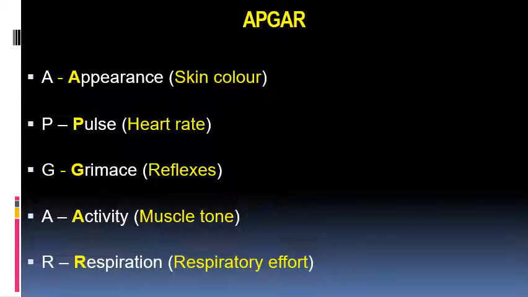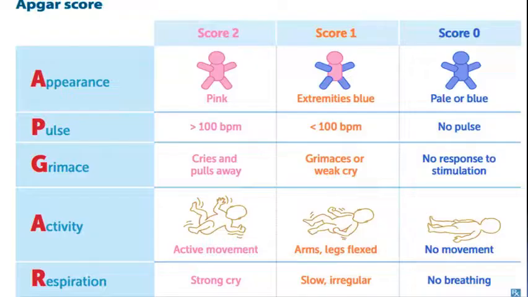That is what we are going to assess in this Apgar score. So this picture depicts the score and the criteria or parameters we are going to assess in the newborn baby right after birth.